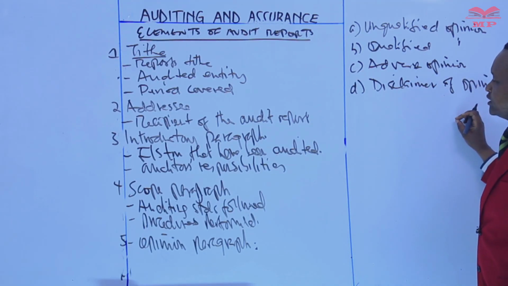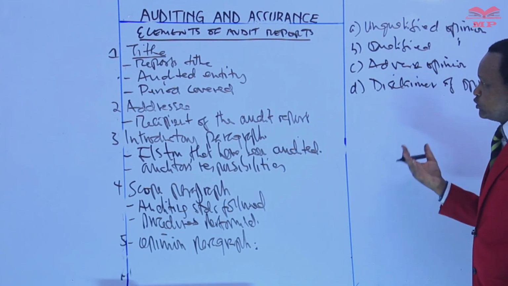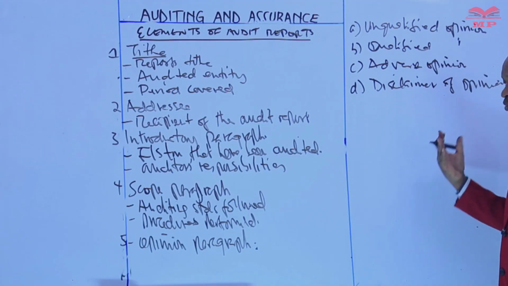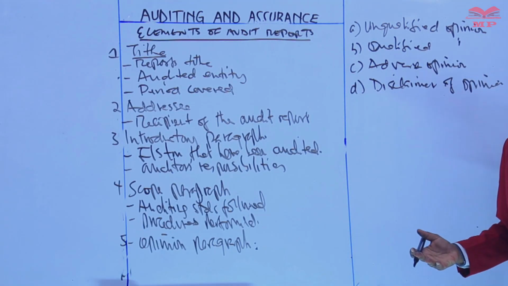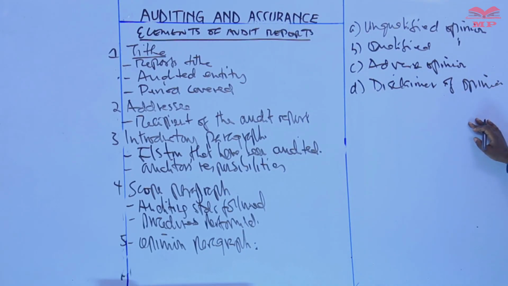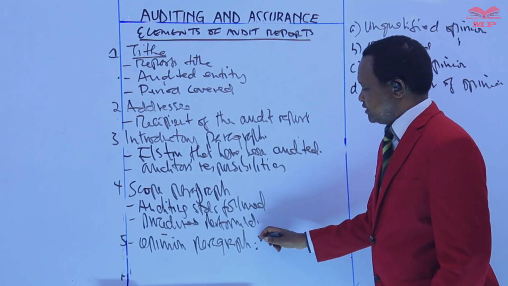The auditor states that, based on the evidence gathered, he is not able to give any opinion as to whether financial statements are free from material misstatements or not. So that is the fifth element.